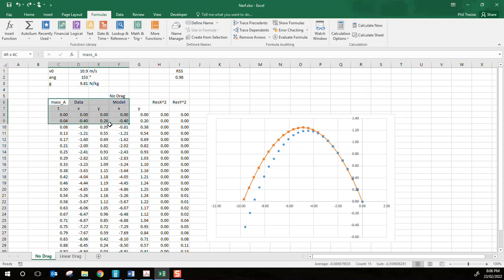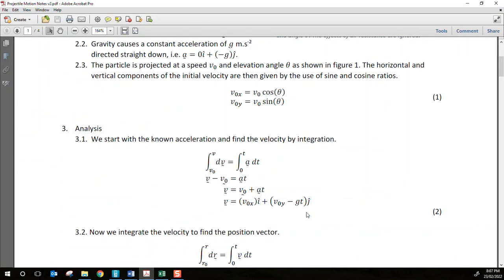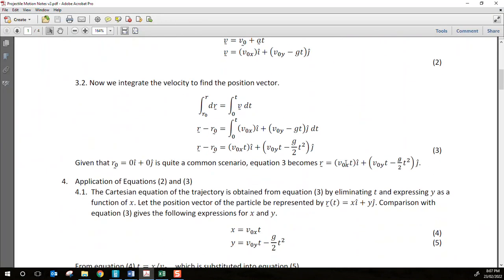Now remember, these bits here were observations, so time, the x and the y coordinates came from our video analysis. These are all just numbers. This is where the formulas start kicking in over here on the model. So let's take a quick look at our equation number 3.